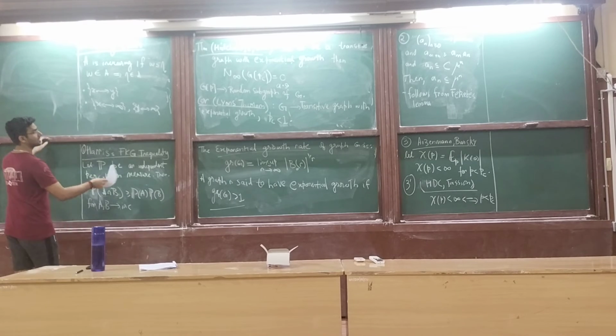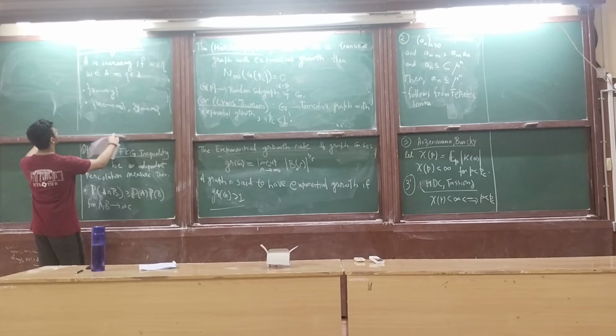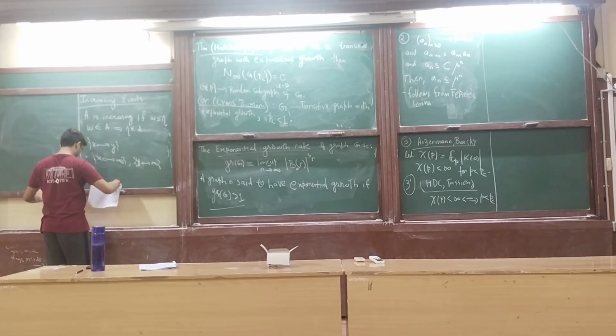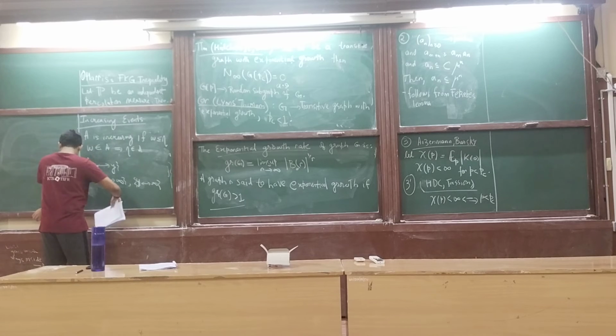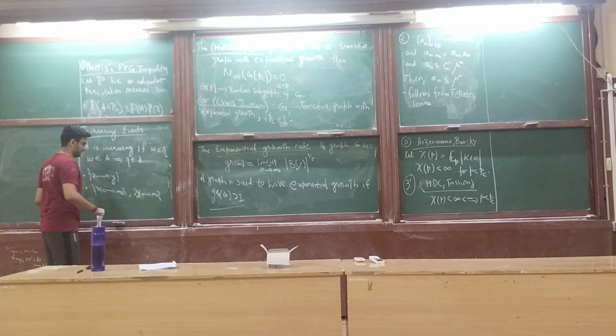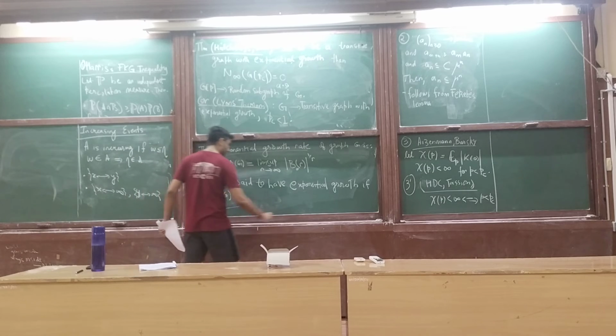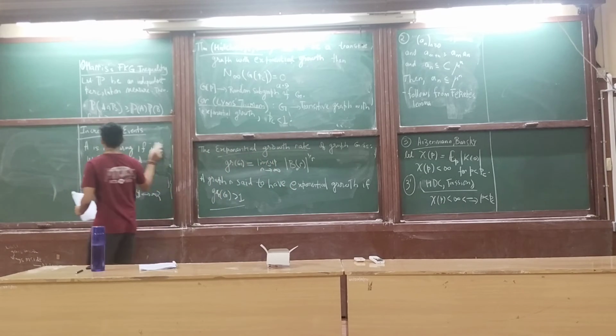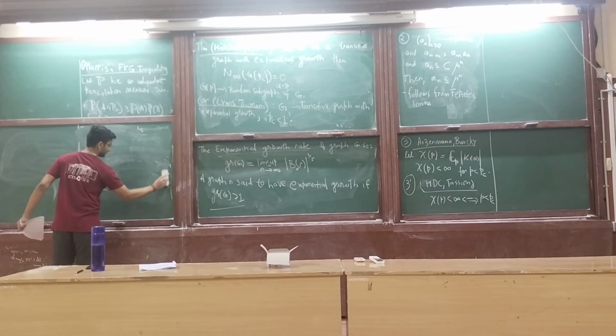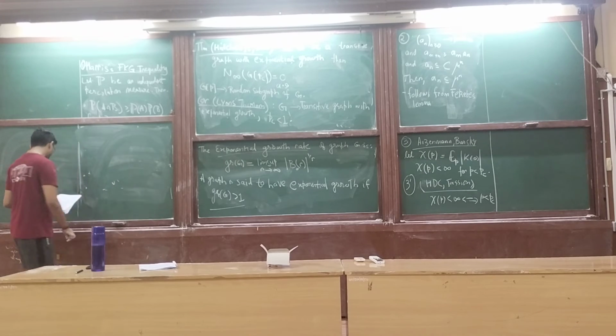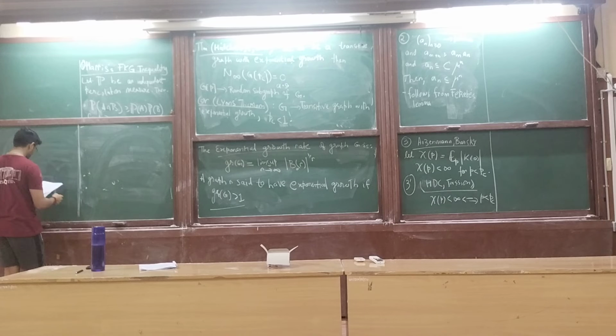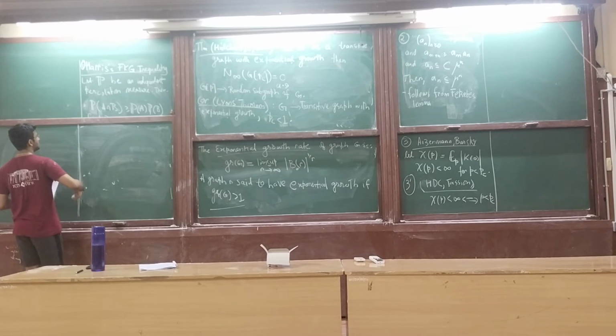All right. So let's just start with the proof. So n_∞(G, p_c), what can it be?